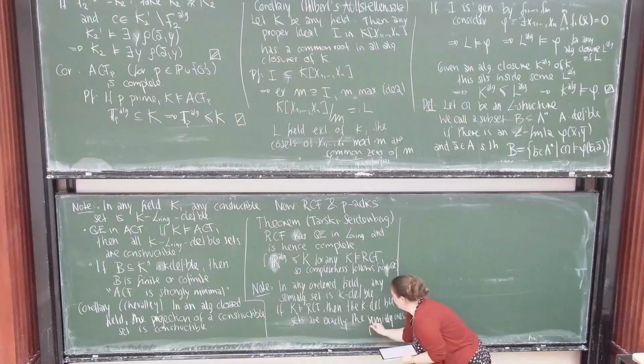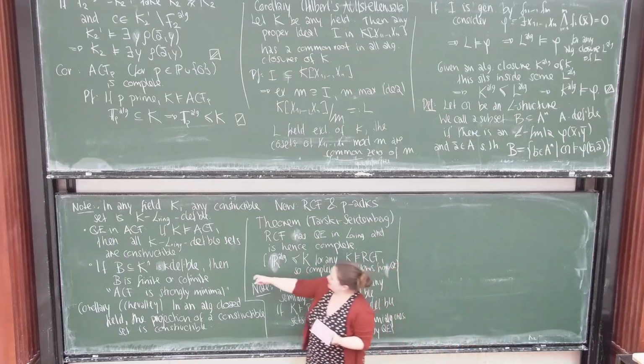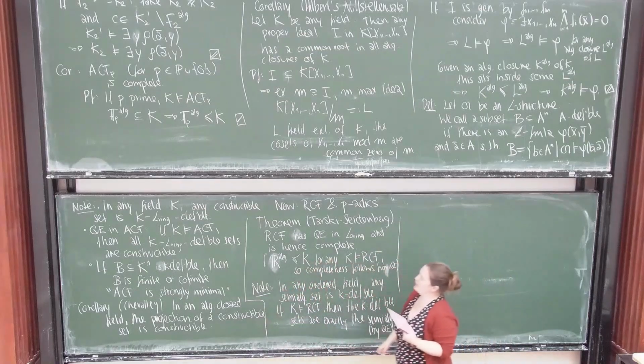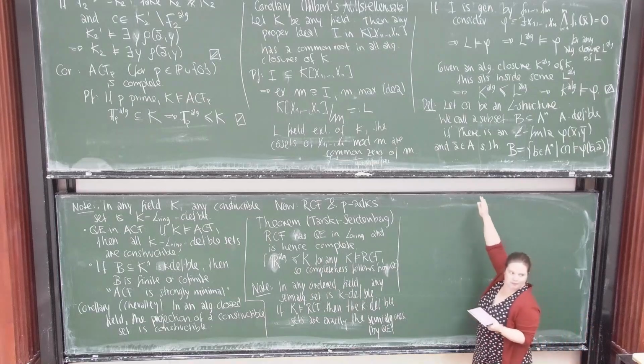This is by quantifier elimination. In particular, we get an analog of this, because semi-algebraic subsets of the line are finite unions of intervals and points.